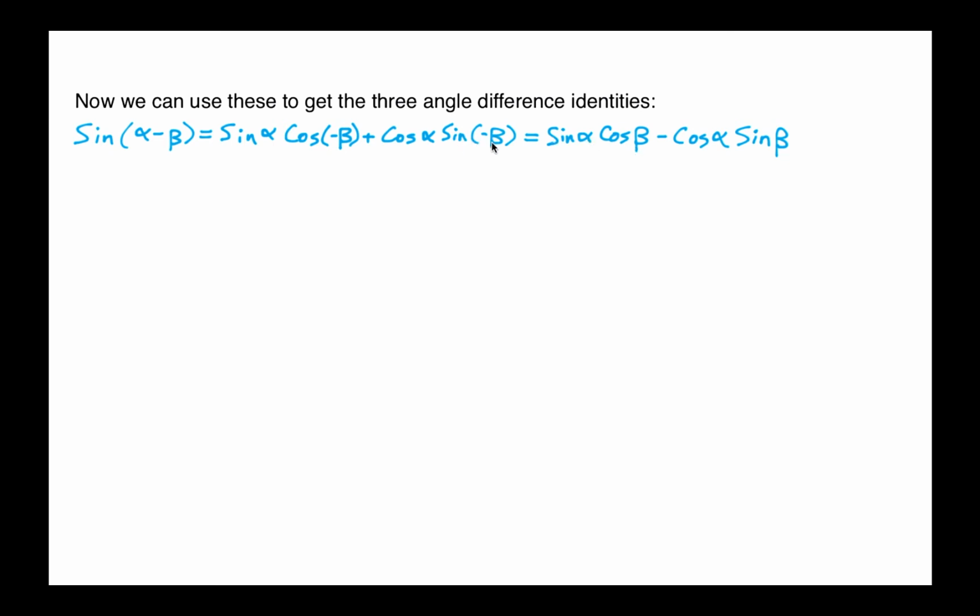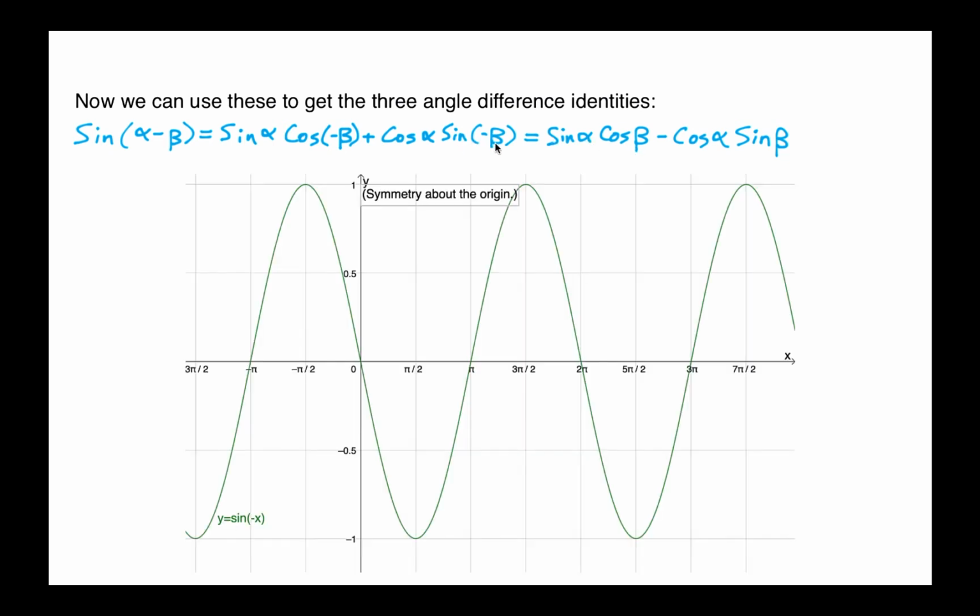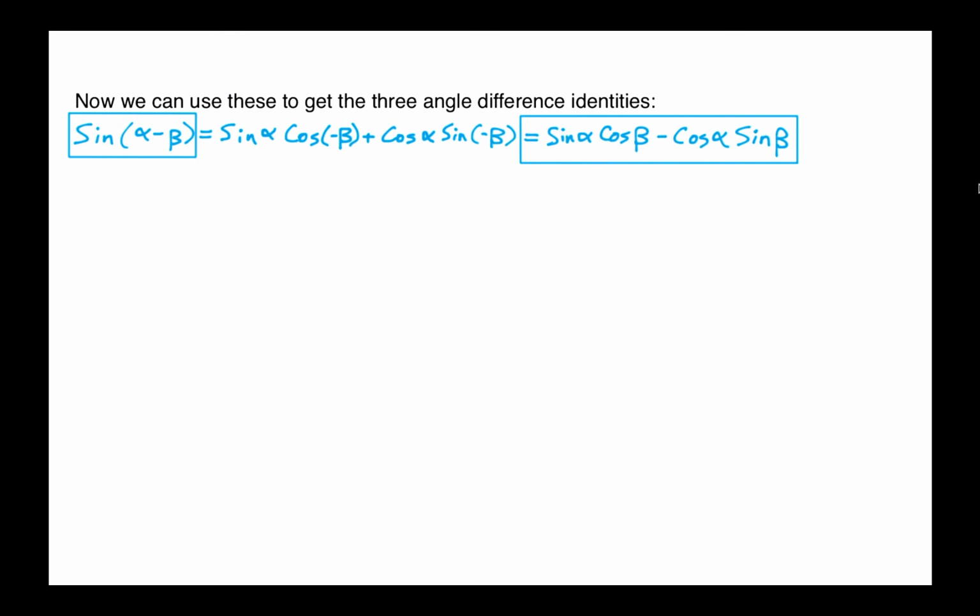And if you take the sine of negative beta, you actually get the opposite of sine of positive beta because of its symmetry as well. And so there's your difference identity for sine.